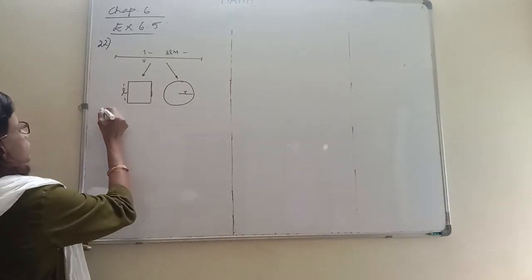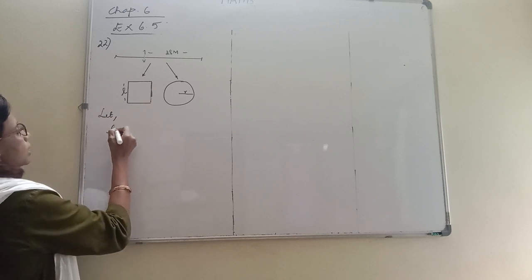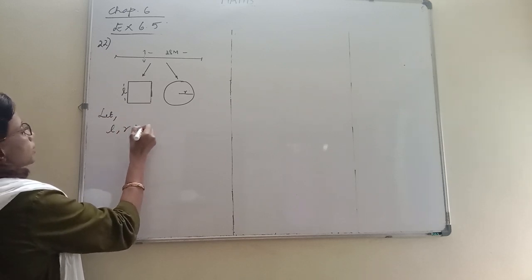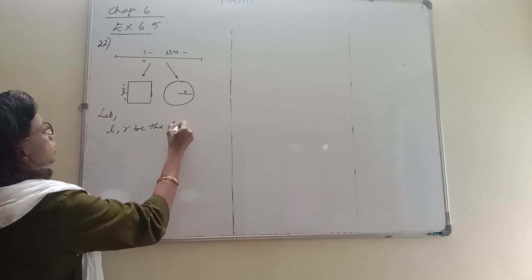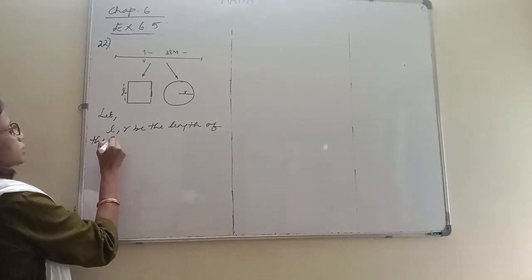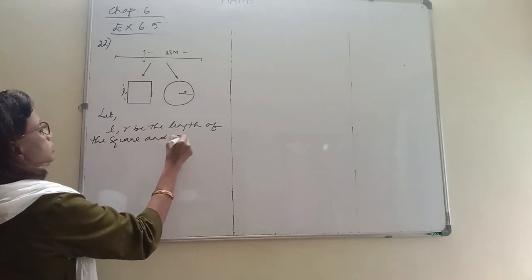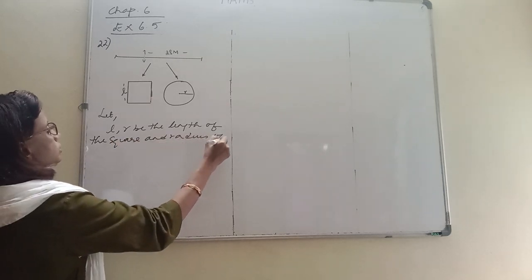So let's write here: let L, R be the side of the square and the radius of the circle.